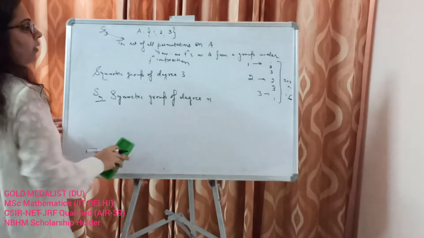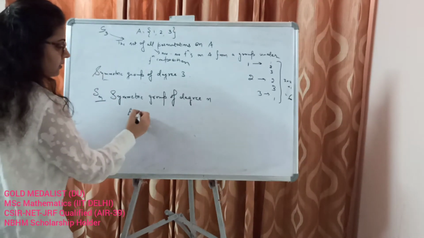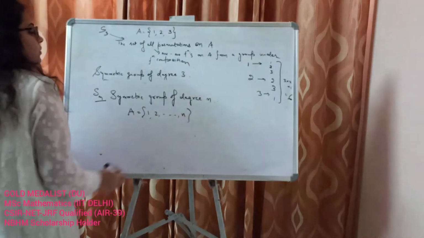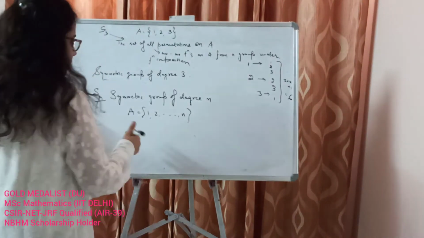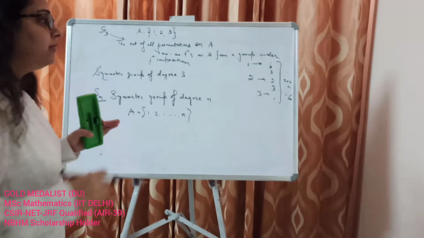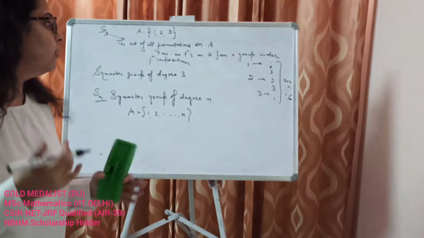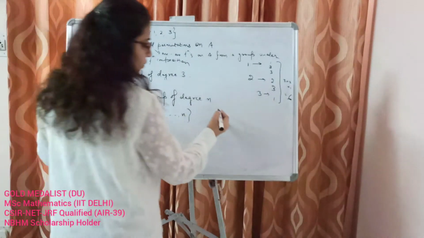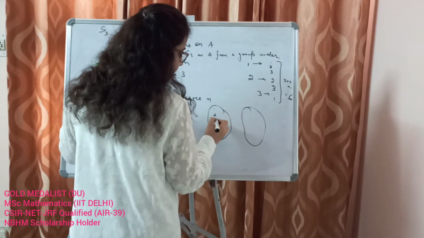Say we have A equals 1, 2, 3, and so on up to n. So this is the set of all permutations defined on this finite set. So how do we calculate the order of Sn? That is the reason why I repeated the definitions of 1-1 and onto functions from high school. This will help us find the order of Sn. So we have n elements.